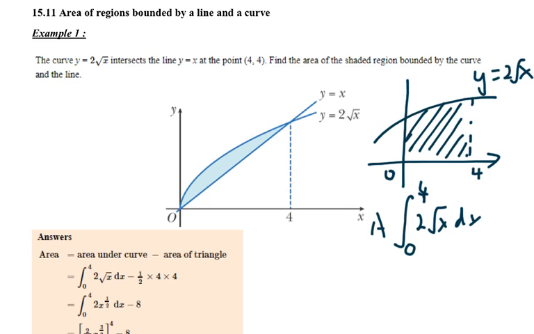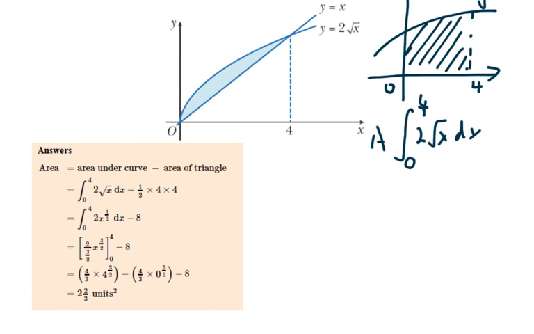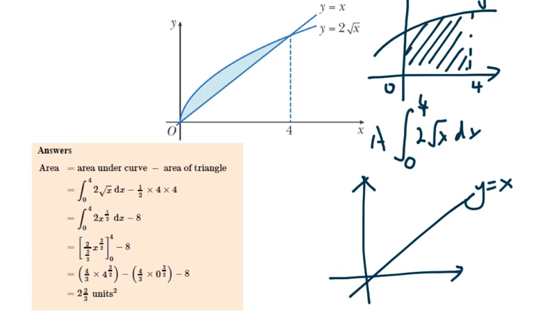Similar thing if you have the equation of the other line, in this case y equals x, where this is 0 and this particular point is 4.